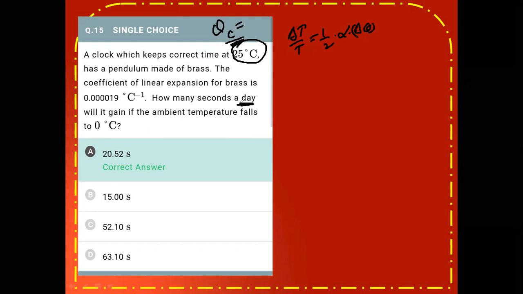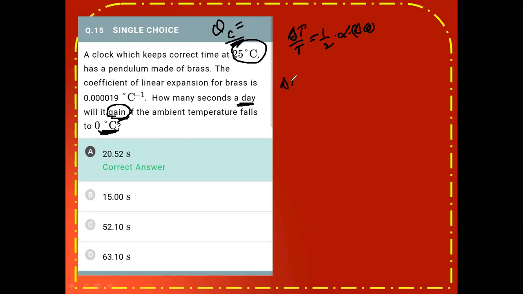They are asking the question based on the day. Will it gain? Even if this is not given, as the temperature is less than the calibrated temperature, it moves fast. If it moves fast, it gains.